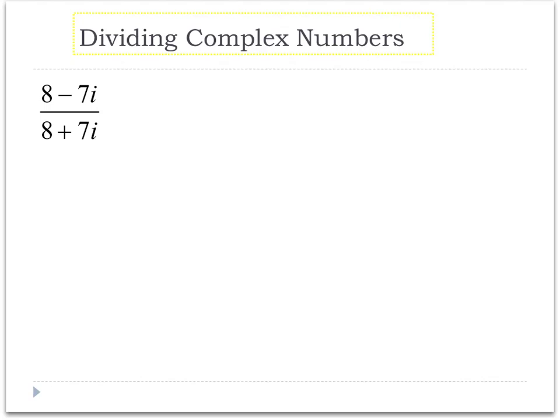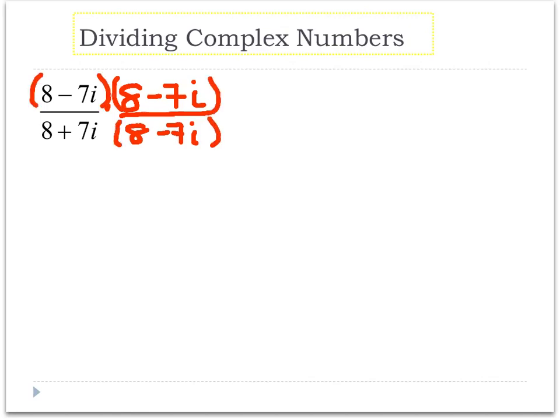Alright, so remember, the way we want to simplify this is by multiplying top and bottom by the conjugate of the denominator. So here, since it's 8 plus 7i, the conjugate is 8 minus 7i. So I'm going to multiply top and bottom by 8 minus 7i. Now I have a lot of distributing to do here.